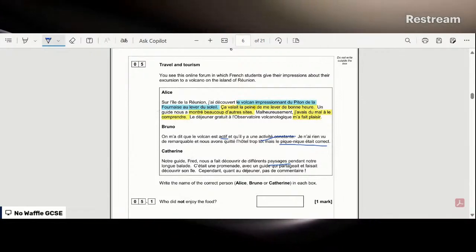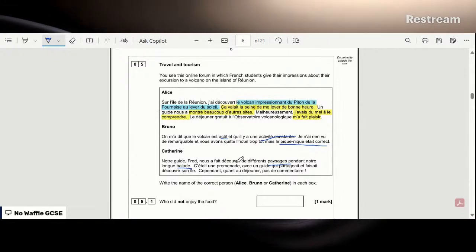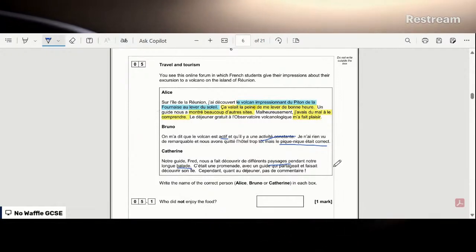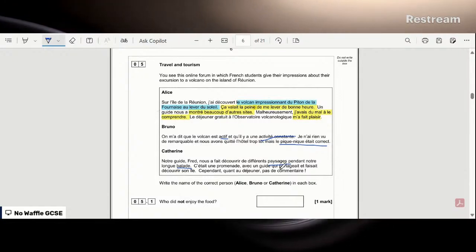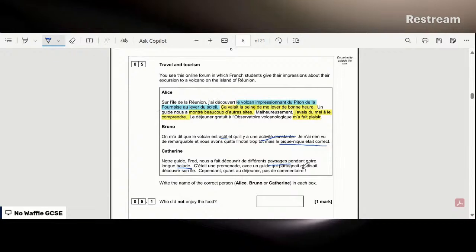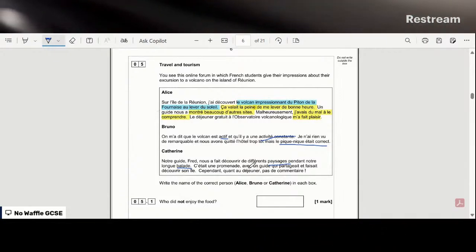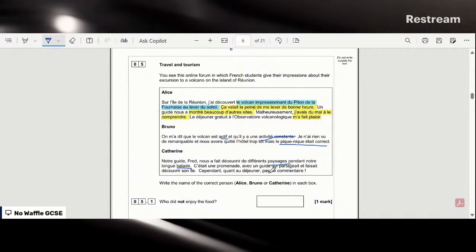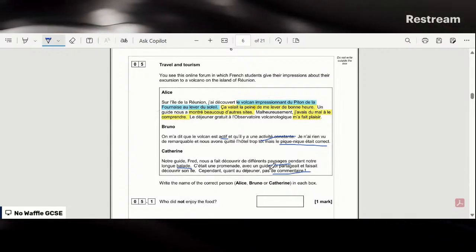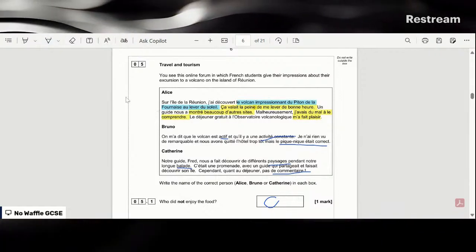So during their long ride. Balade is ride. C'était une promenade avec un guide qui partageait et faisait découvrir son île. So the guide was about sharing and discovering the island. Cependant, quand on déjeunait, pas de commentaires. They can't even talk about how bad the food was.